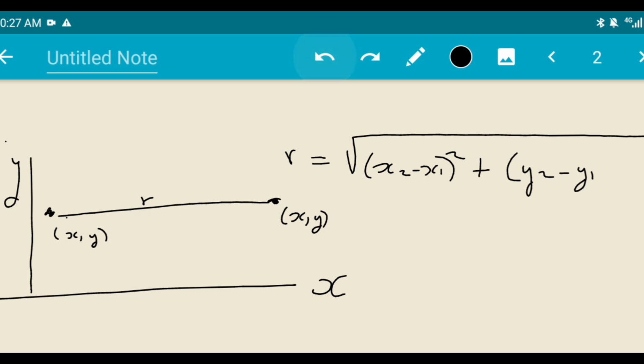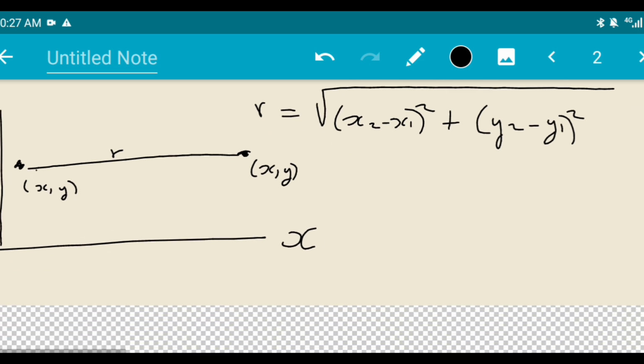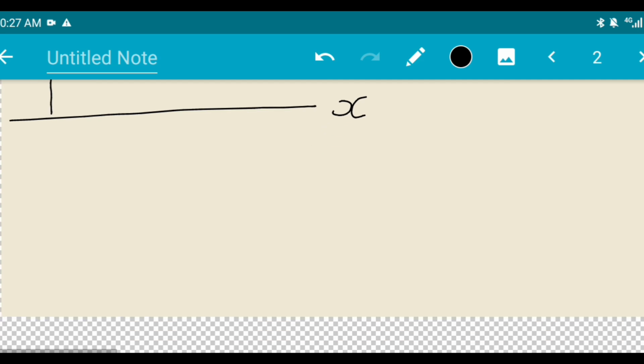This is just an important thing that you have to understand while deriving equations under conic sections.